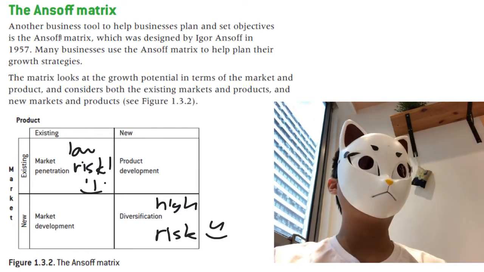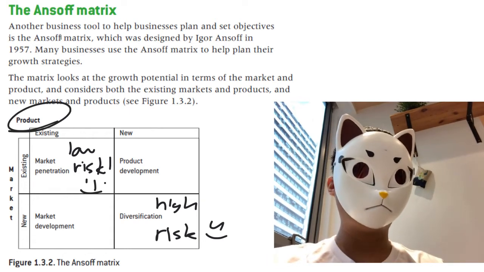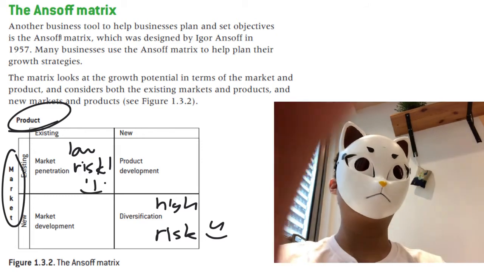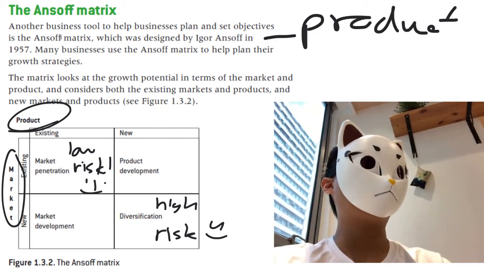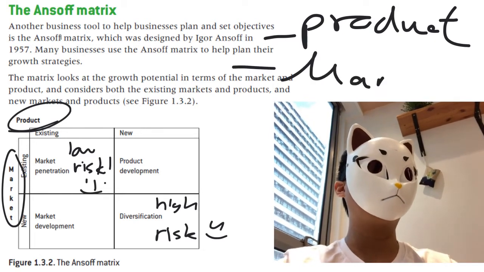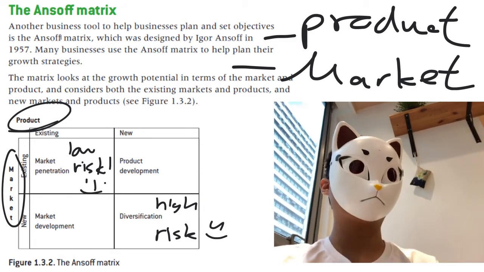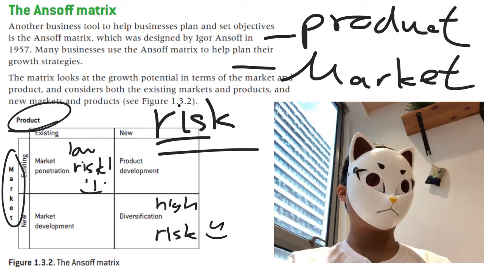So you have to take a look at the case, whether the product or the market is new. This is the ENSOF matrix, so you have to mark it down. The analysis is in terms of both product and market, and this theory is to assess the risk of making that particular business decision.